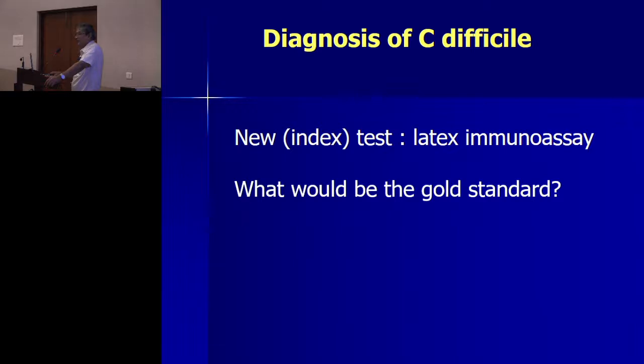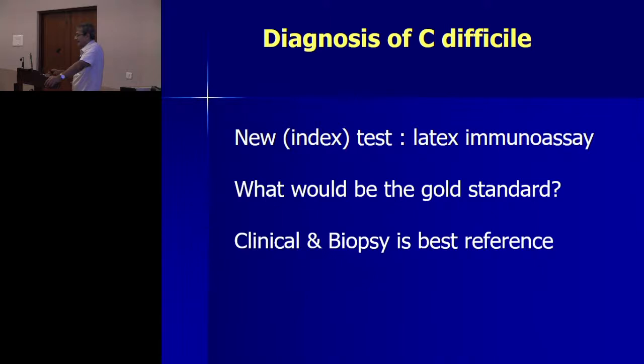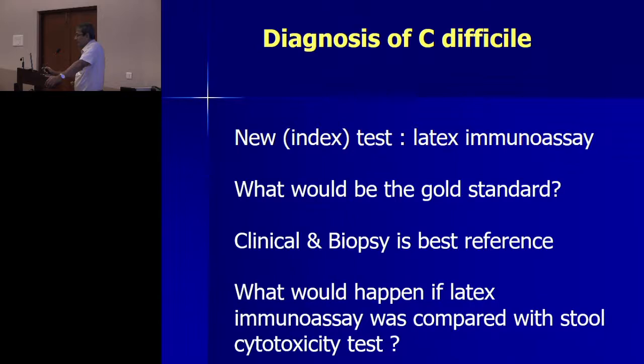We have to ask the microbiologists or the ID people who are here. Maybe clinical and biopsy is the best reference. I'm just giving an example, and it might not be that. So what would happen if latex immunoassay was compared with stool cytotoxicity test? That's a question. Suppose we choose the wrong gold standard.